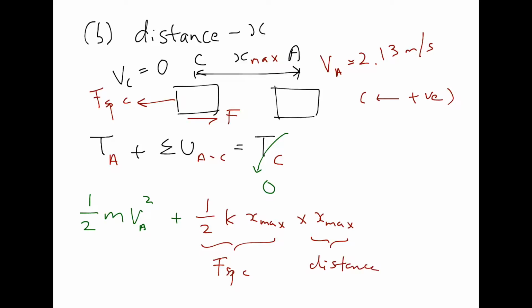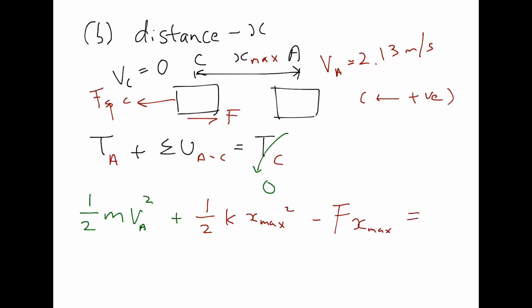If I simplify that, then my x maximum is just power 2. And then minus my friction force times the distance. The distance also will be x max, equal to 0.